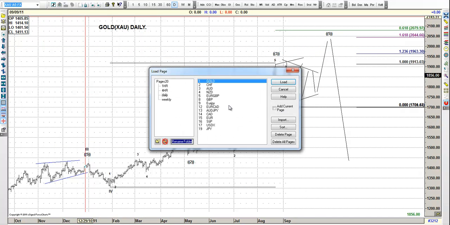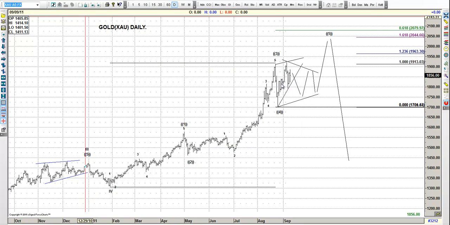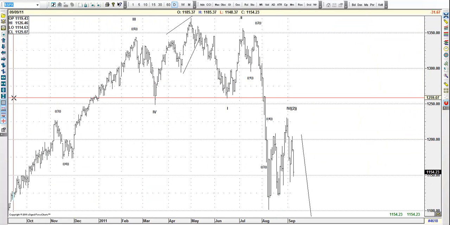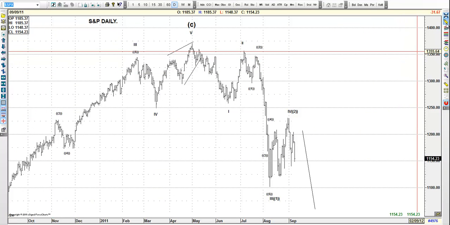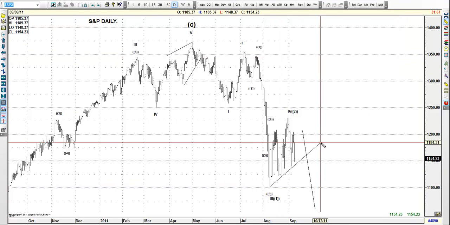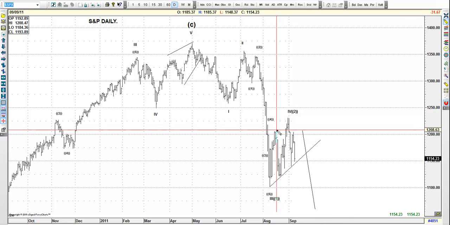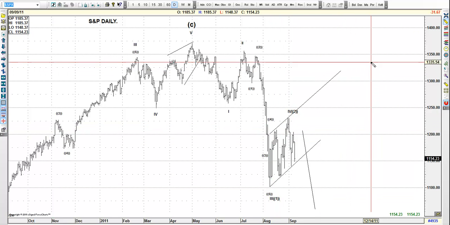And finally, let's take a look at the S&P. The S&P has been consolidating like a bear flag, as some people call it, within two channels, within a corrective channel.